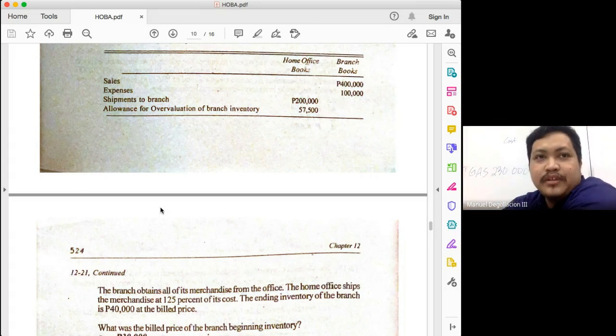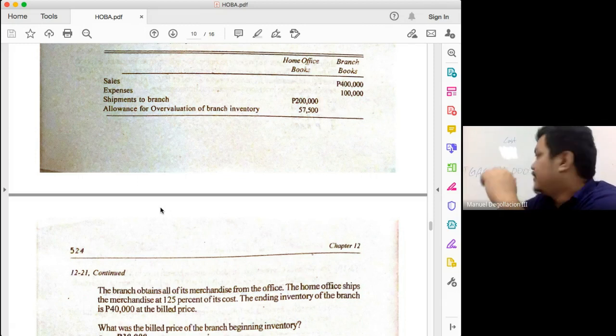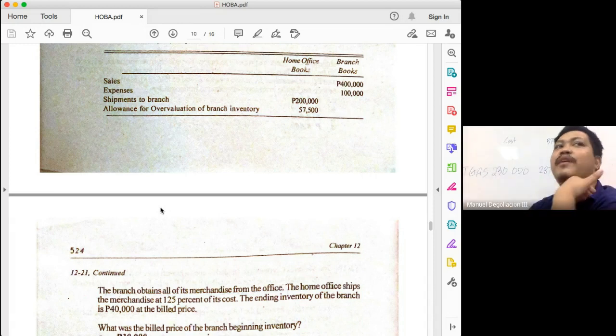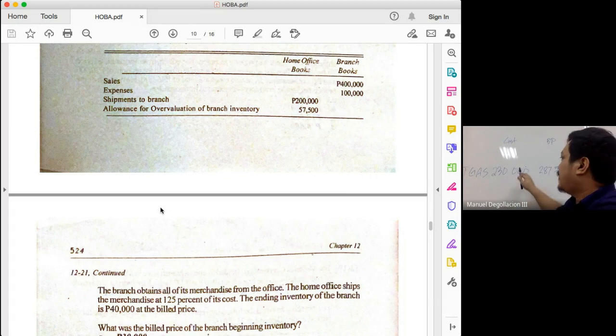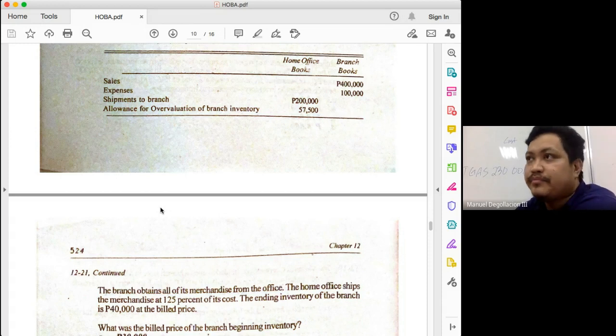Now, class, at this point, everyone should already know that TIGAS is composed of your beginning inventory and shipments. No purchases here from outside parties. So all we have to do to determine our inventory is to remove the shipments. You have shipments of 200,000. Where do we deduct the 200,000? Do we deduct it from 230,000 or from 287,500, class?